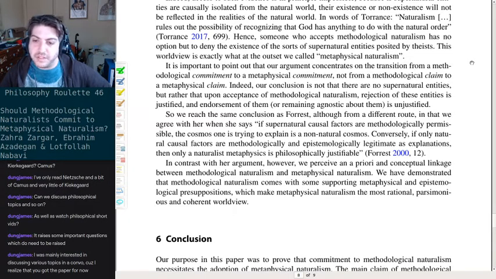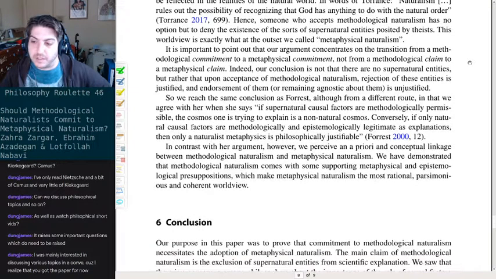So we reach the same conclusion as Forrest, although from a different route, in that we agree with her when she says, if supernatural causal factors are methodologically permissible, the cosmos one is trying to explain is a non-natural cosmos. Conversely, if only natural causes are methodologically and epistemologically legitimate as explanations, then only a naturalist metaphysics is philosophically justifiable.